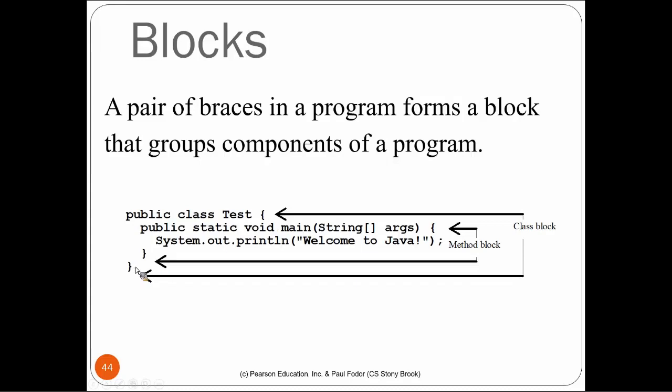For instance, a class block starts after we define the class and ends when we finish all the methods for that class. A method block starts when we define a method, and it contains all the statements that are executed when we invoke that method.